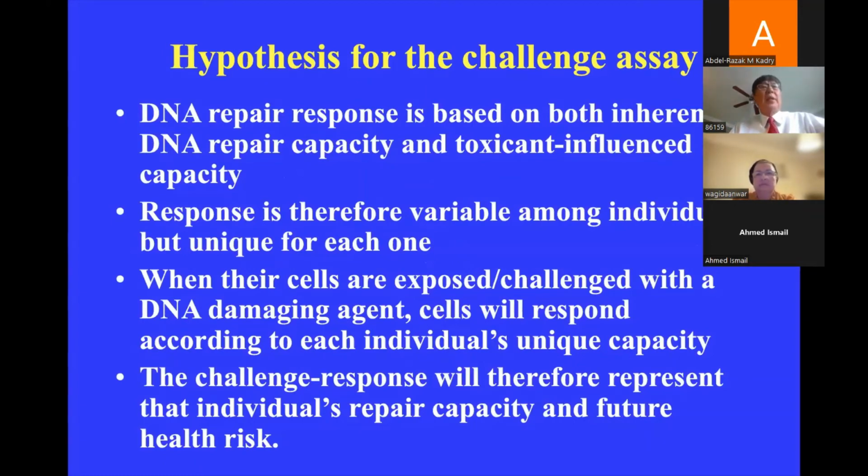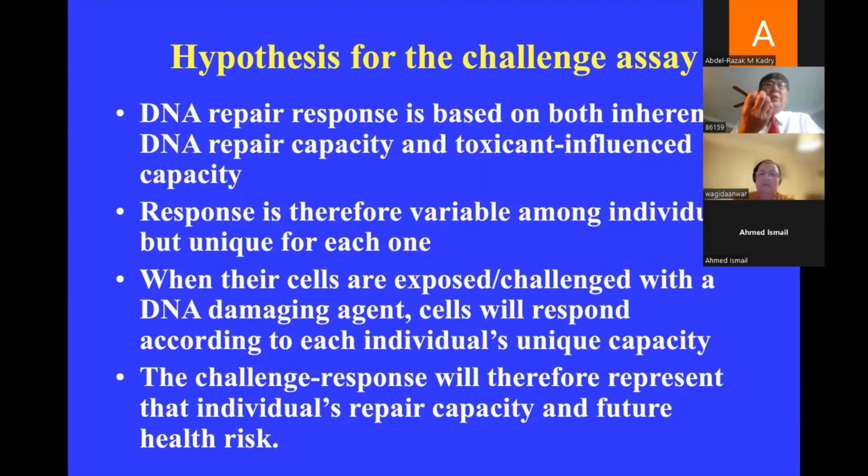So when we develop an assay, we have a certain hypothesis that we want to address. First of all, DNA repair response is based on both inherent DNA repair capacity and toxicant influence capacity, because we take the lymphocyte from an individual donor.